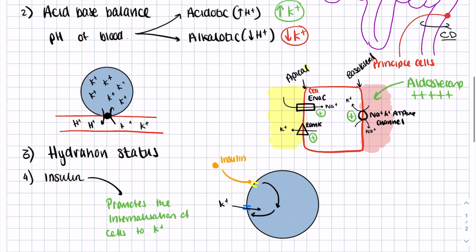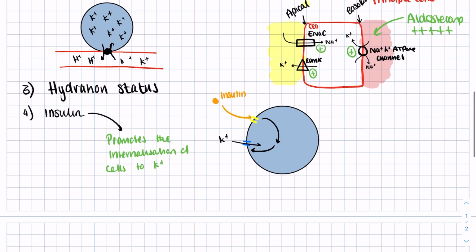What other things can influence the amount of potassium we have? I mean, in terms of biochemical methods and via hormones, this is mainly it. Of course, we can have pathological mechanisms as well.